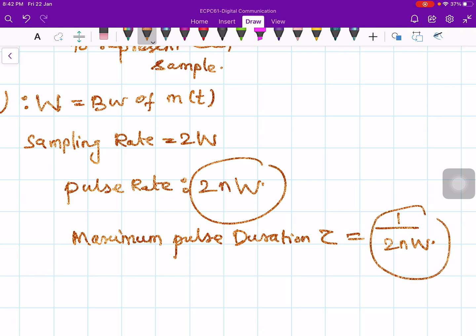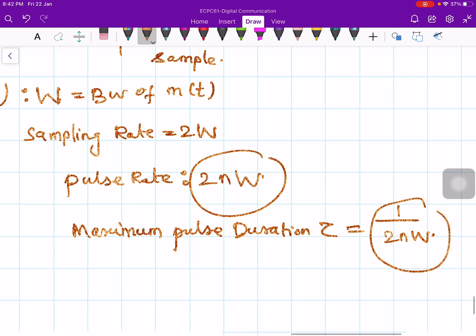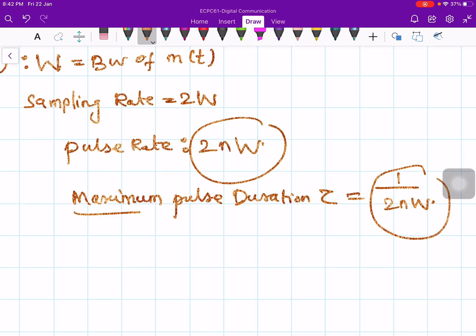So the maximum pulse duration tau is of the order of 1 over 2nW, and therefore the minimum bandwidth is equal to 2nW.